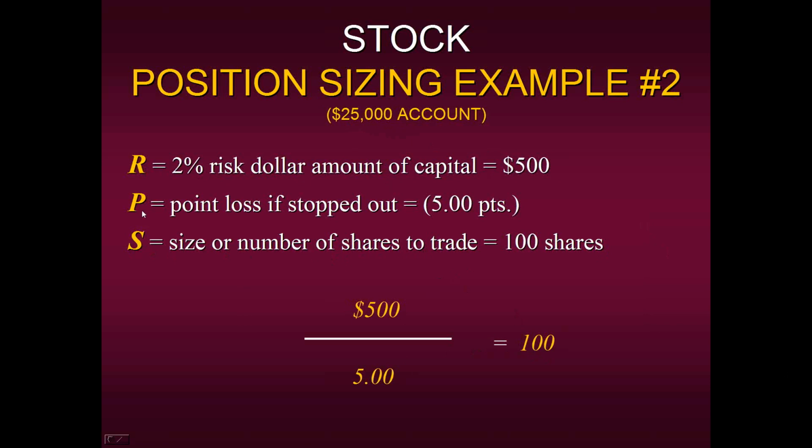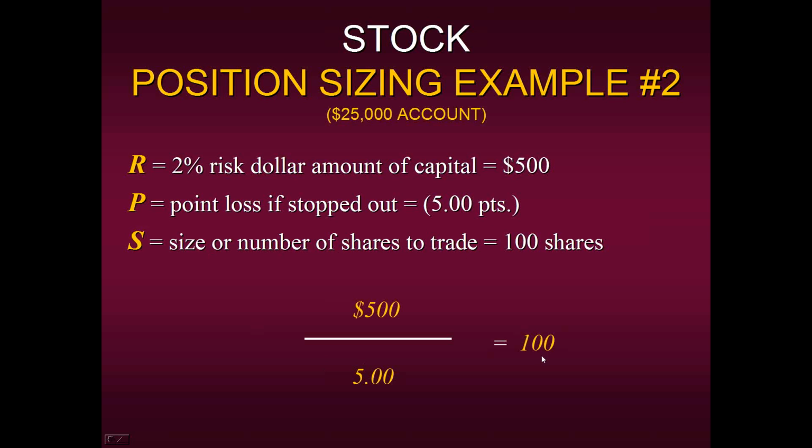But what is the point amount? Well, the point loss, if we're stopped out, is 5 points on this particular example. All right, so we have R, which equals $500. That's 2% of our account. And here is P. That is the points we're going to lose if we're wrong. So 500 divided by 5 equals S, or the size or number of shares to trade equals 100 shares.